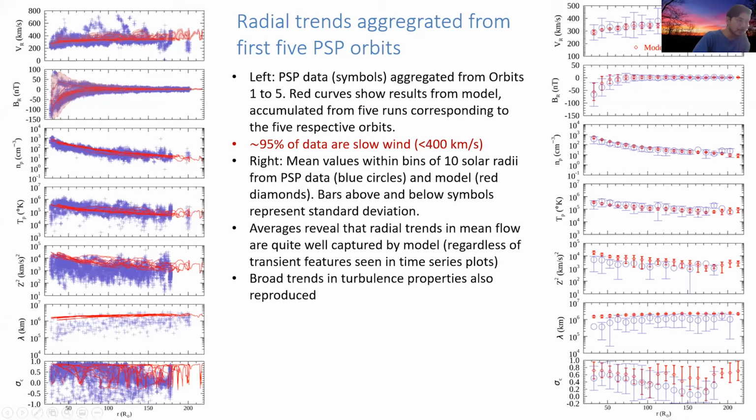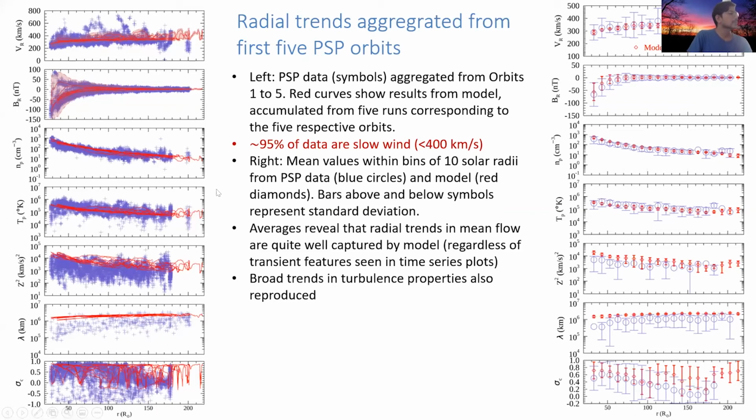In the model, this trend is captured below 100 solar radii, but not so much above 100 solar radii. We think this might be because the model is missing sources of shear, which might reduce cross helicity near the Earth.